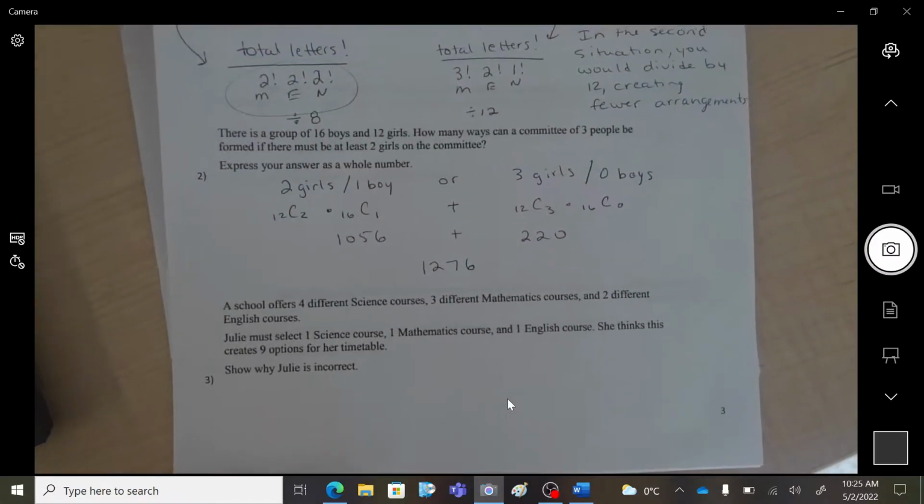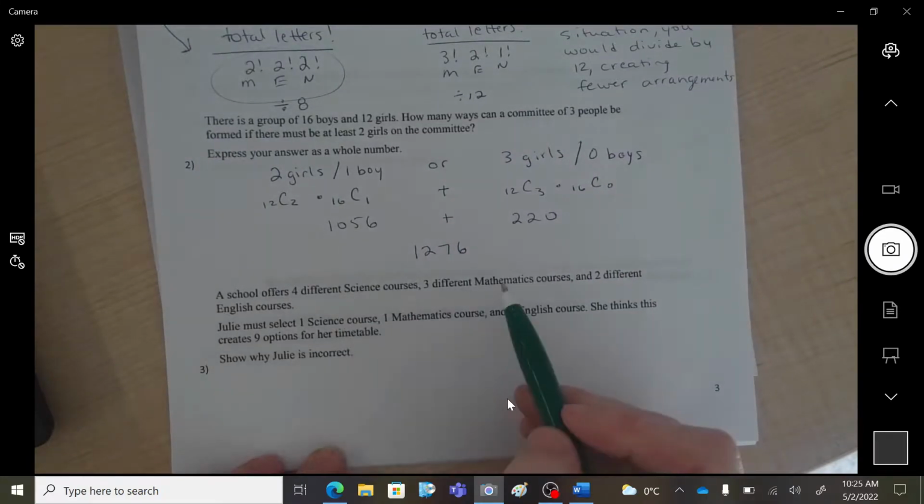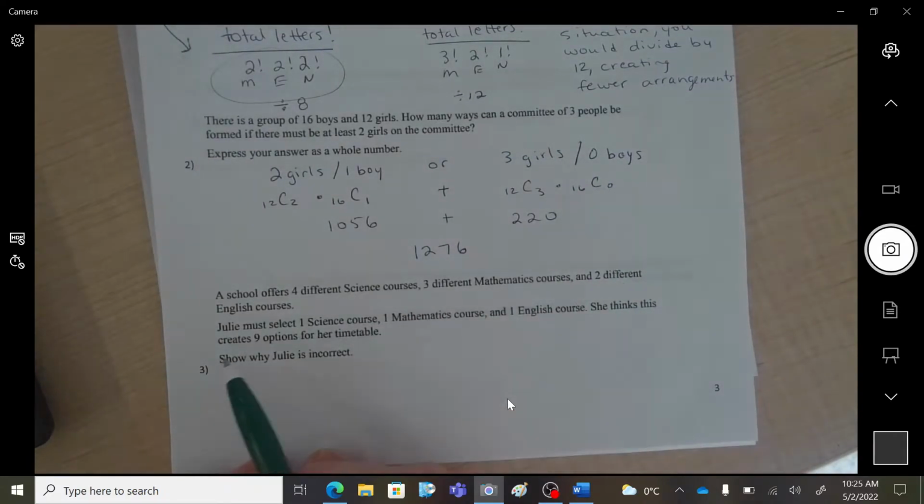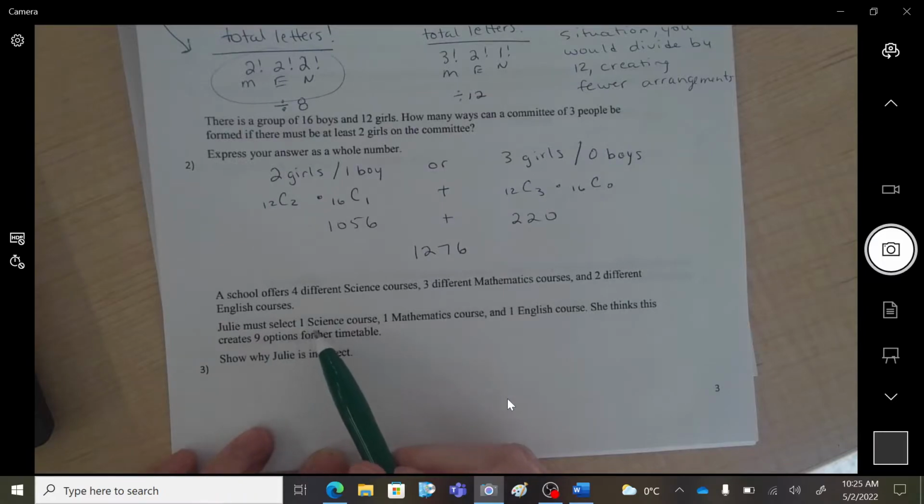Number 3, 4 different sciences are offered, 3 maths, 2 Englishes. Julie must select 1 science, 1 math, 1 English. She thinks there are 9 options. She's incorrect. Show why.